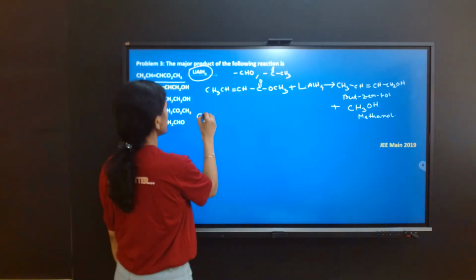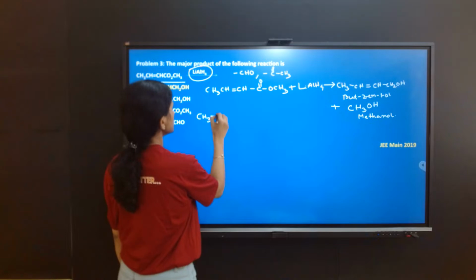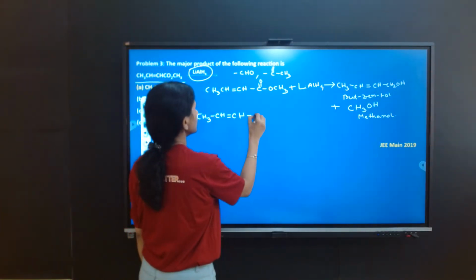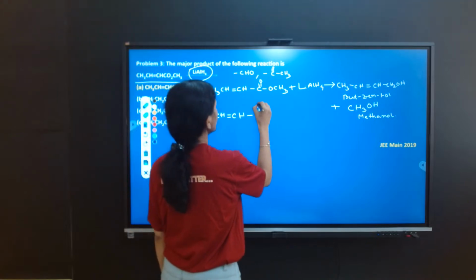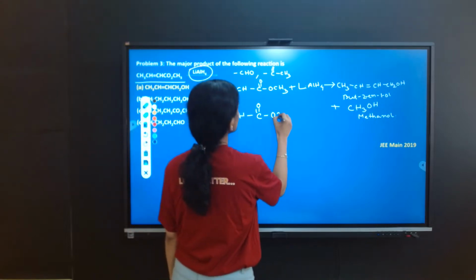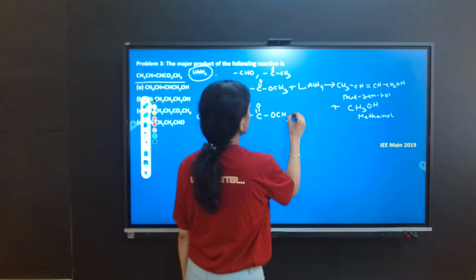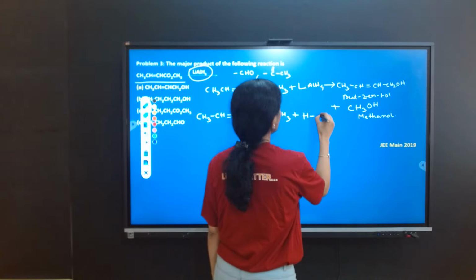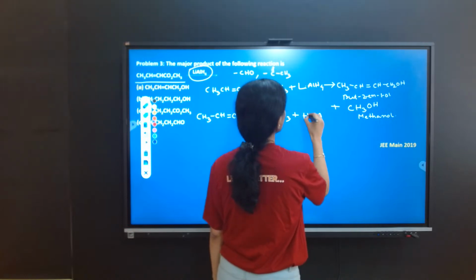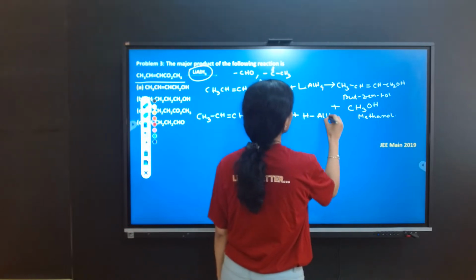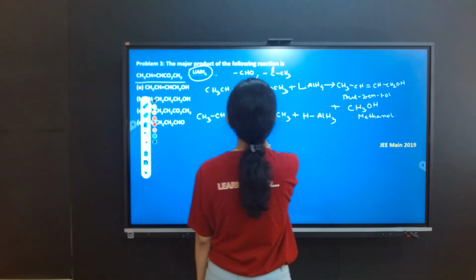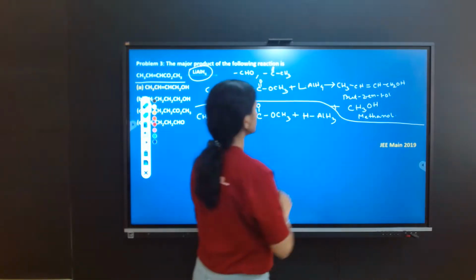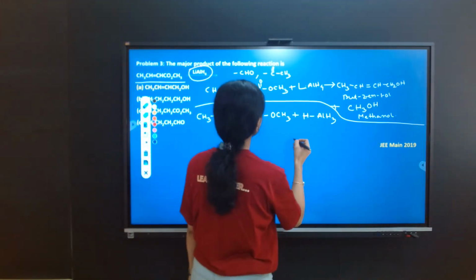So what is happening here? CH3CH=CH-C(=O)-OCH3, if it is reacting with lithium aluminum hydride, let me just separate these things out. What will happen?